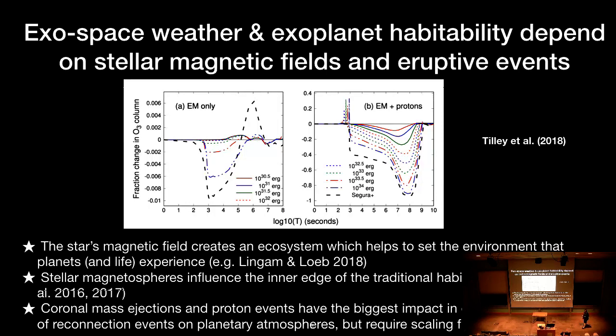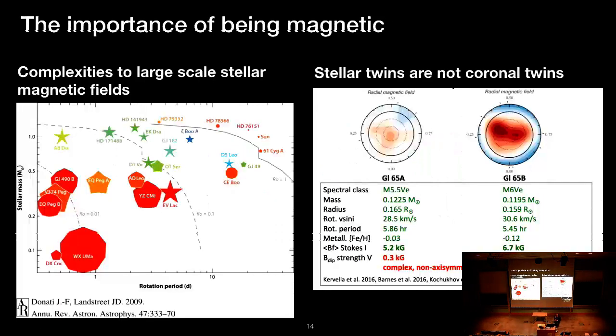However, if you add in protons, scaling from the relations that we have established for the sun, there's a very significant impact. This exoplanet loses all of its ozone over timescales of months to a year, and it takes several decades. This is log time, right? So there's pi times 10 to the 7 seconds in a year. So it can take several decades for this exoplanet's atmosphere to recover the ozone, all depending on whether there are protons in this flaring event or not.